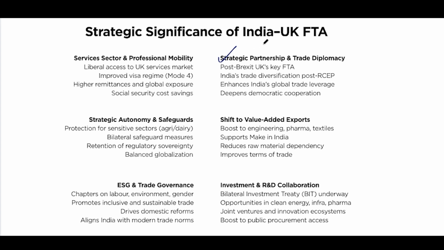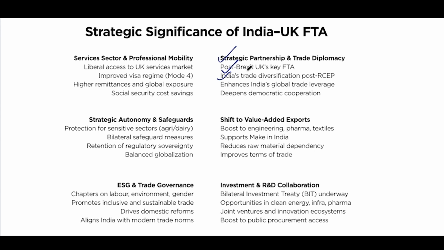It cements the India-UK relationship at a time when both nations seek reliable partners. The UK, after Brexit, is keen on major trade deals, and India offers a huge market. India, on the other hand, has stayed out of RCEP, a mega trade partnership which India backed out of at the last moment.